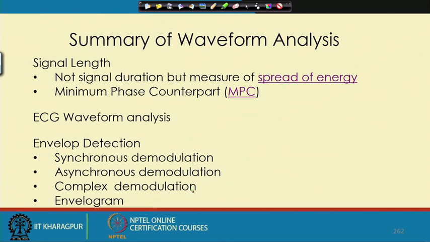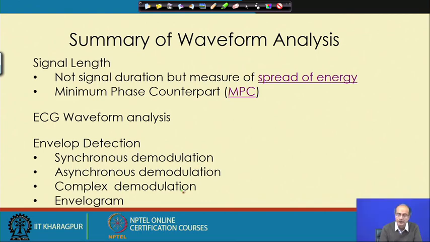If we look at all these signal techniques, synchronous averaging, asynchronous averaging, complex demodulation, we are using a low pass filter, and because of the low pass filtering operation, we need a couple of samples to do that filtering operation, and that depends on what kind of filter we are using, what is the length of that filter. Now, that essentially means that we never get the instantaneous energy or the envelope of the signal.